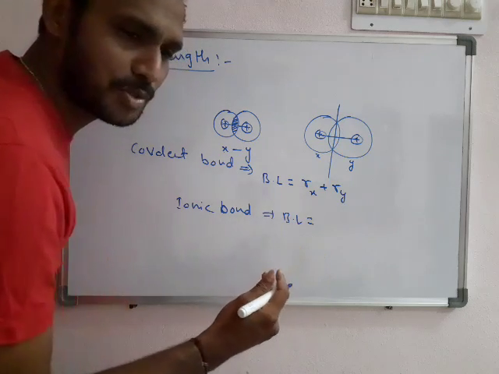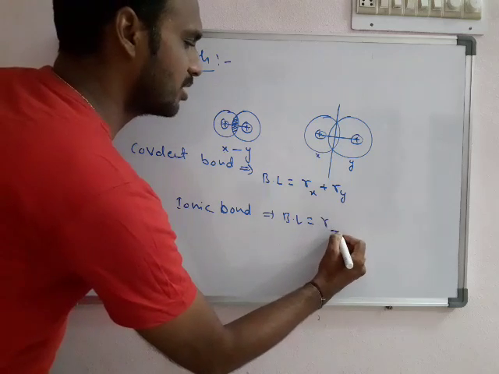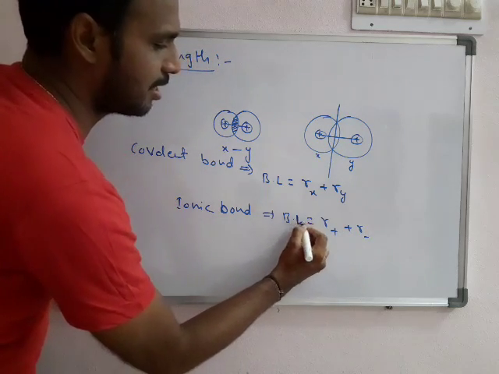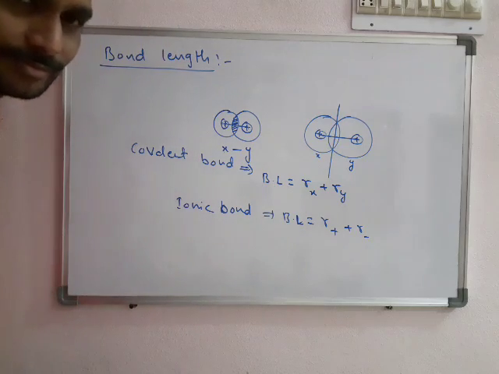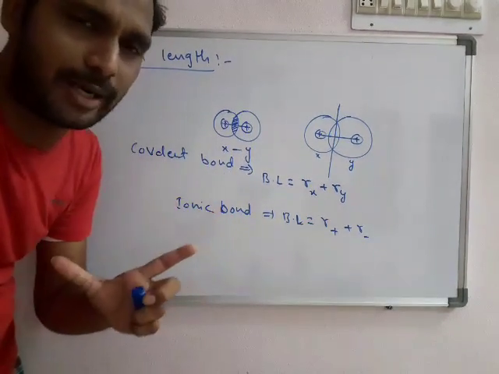In ionic compounds, ions are present and they are close together. Then the radius of the cation plus the radius of the anion is treated as the bond length. So this is the definition of bond length.